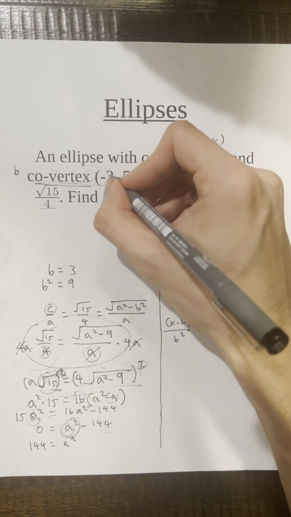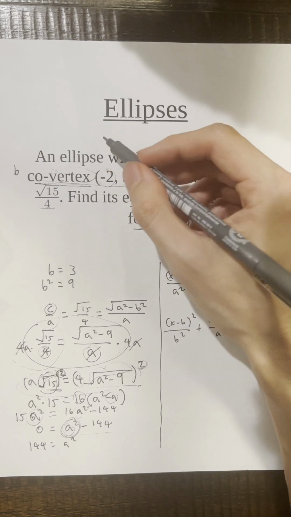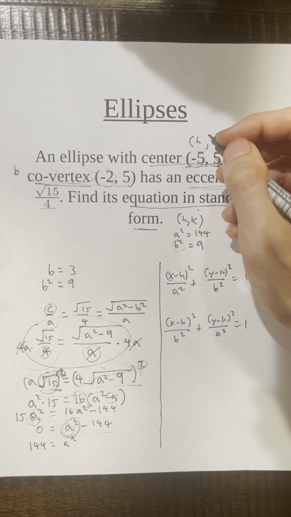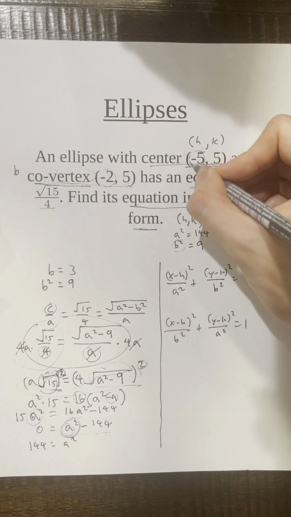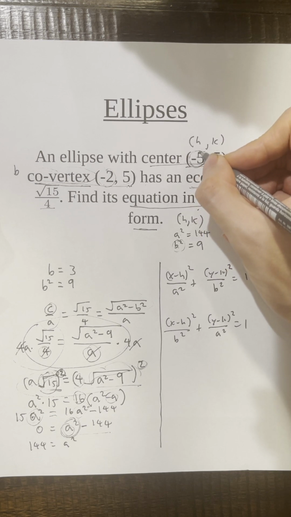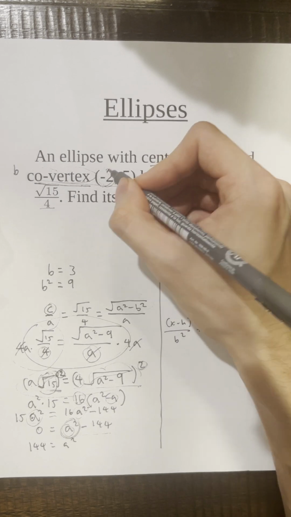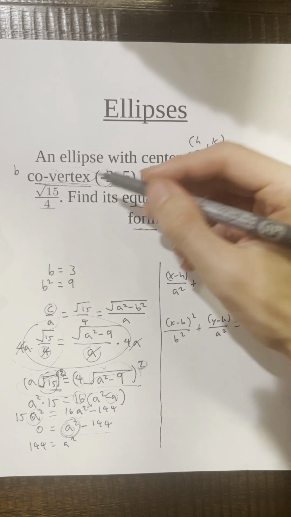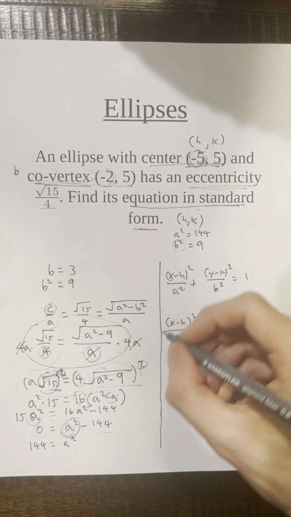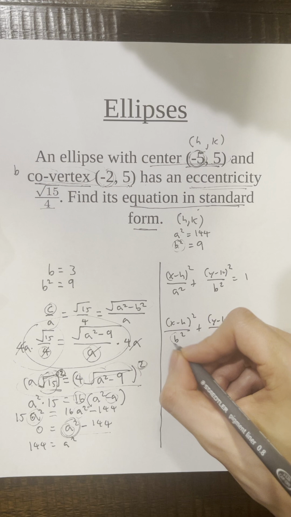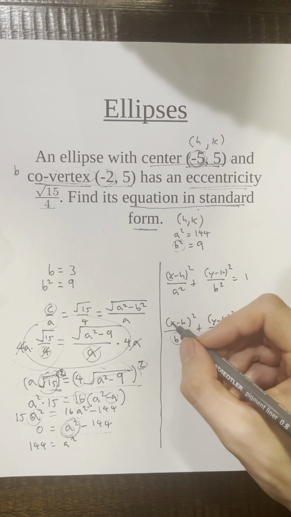So we have to change the x-coordinate, and x means move horizontally. So since we're changing the x-coordinate to get to the co-vertex, that means b squared would have to go with x.